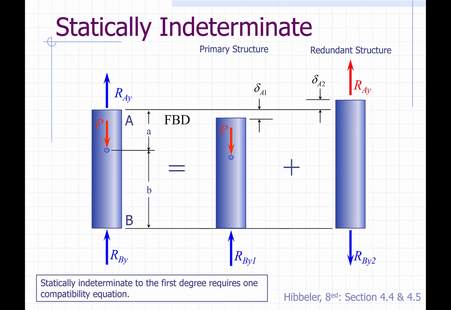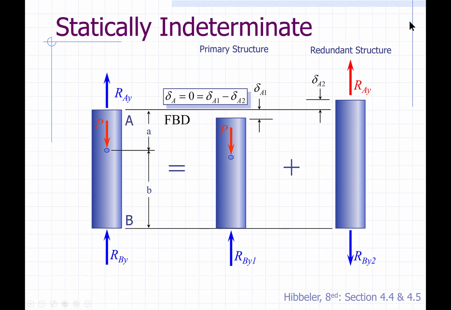Now that we know we have our system laid out with a primary structure and a redundant structure, we have to come up with our compatibility equation. To do this, we're going to look at the displacements and make sure that the system remains physically compatible.